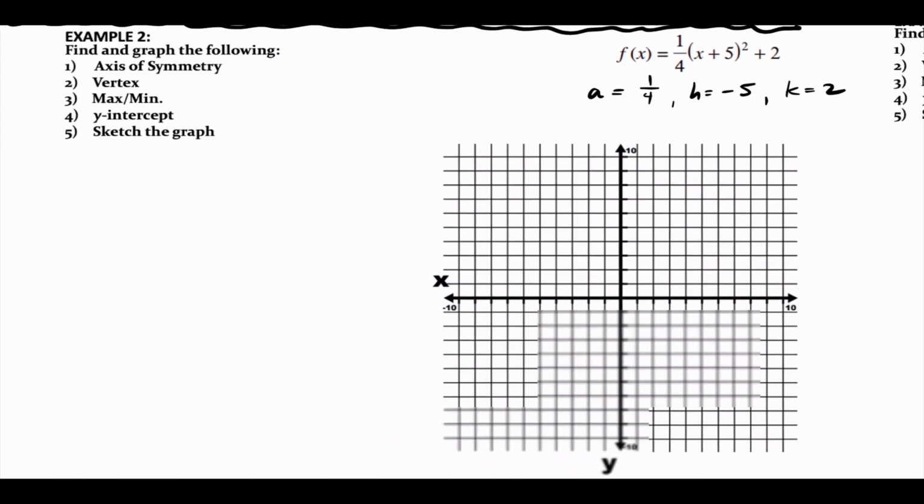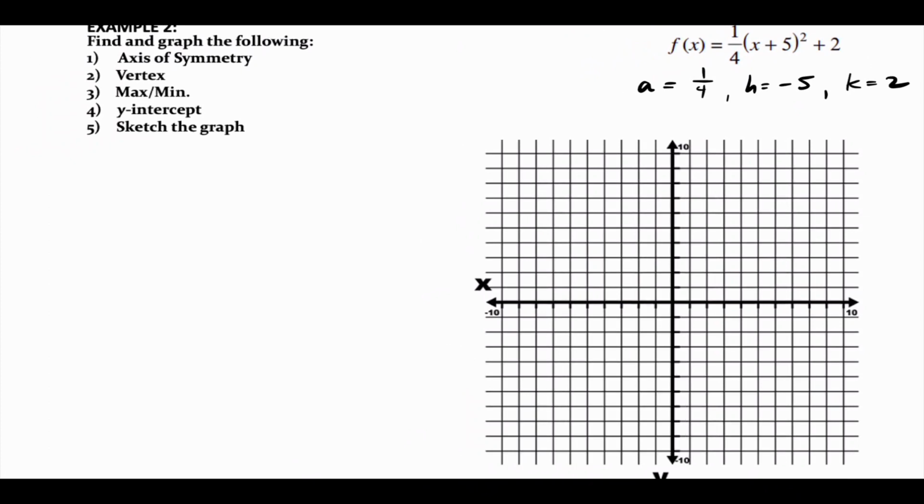Now let me go to my list. My list says I need an axis of symmetry. According to my notes in the front or on the board, that has to be H, so -5. Grab my green line.